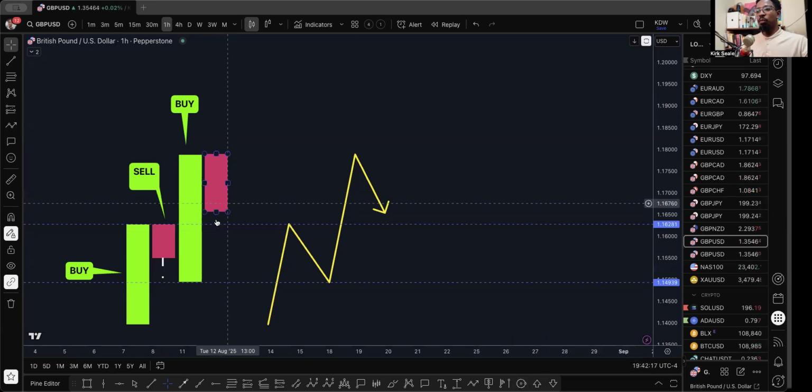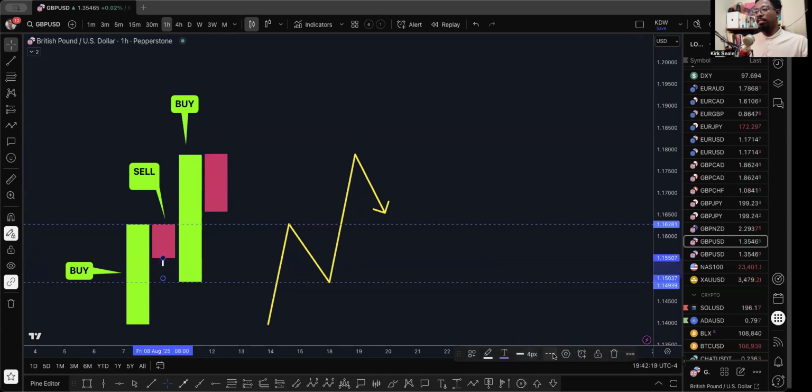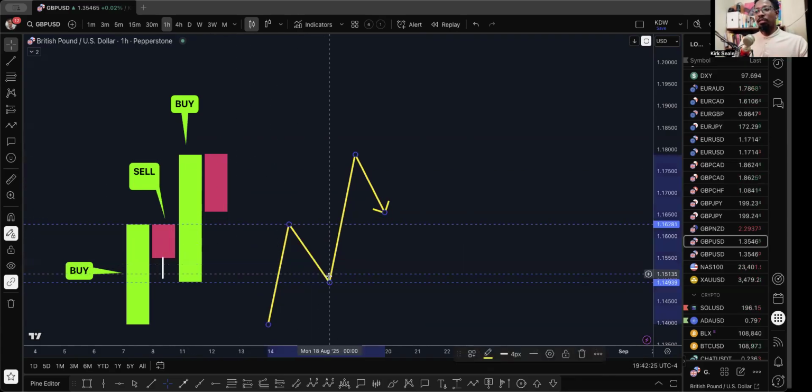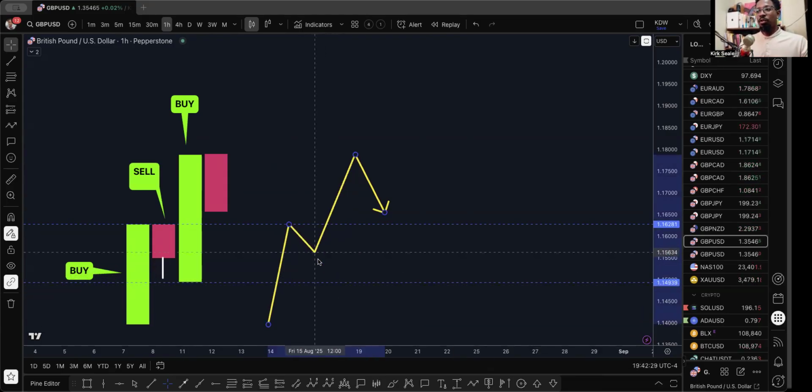That tells you price was there, right? It didn't close there. It just was there for a little bit. That's the wick. What that's going to look like in this situation is this line is only going to represent where price closed. So it closed here. It came down here at one point, but it closed here.